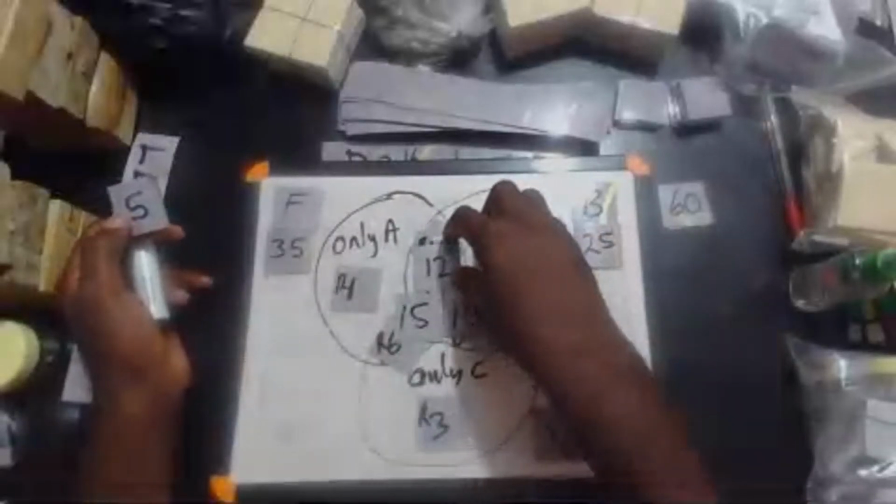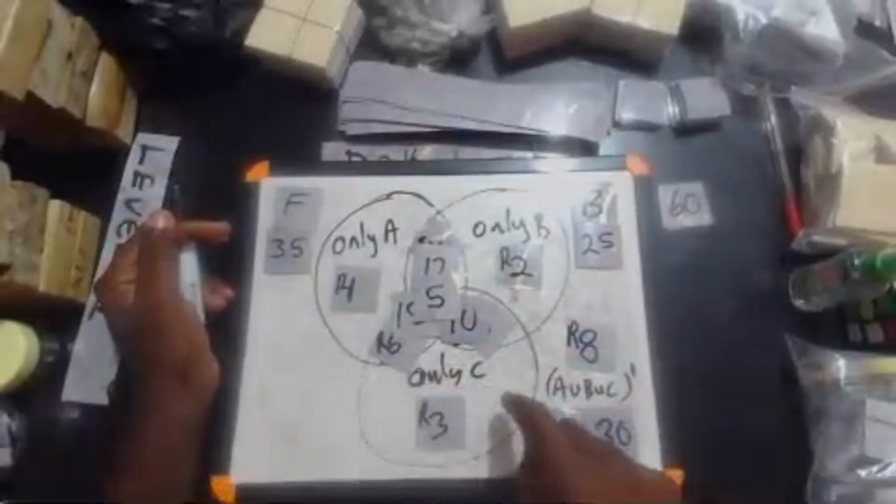So if you look at those who like football and basketball, they cover two regions. They cover region 4 and region 7. They like football and basketball. But we know that for region 7, all these three numbers have 5 people who like all the three subjects.